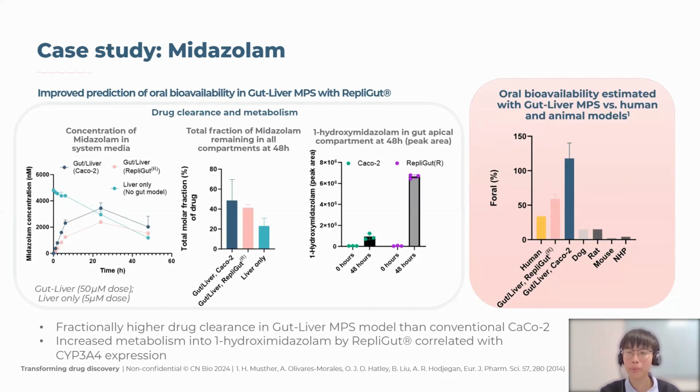When comparing with animal studies in published literature, the performance of the primary gut liver model is equivalent to the rat and the dog models. So overall, this proof of concept study has provided really promising results and suggested that a primary cell MPS model has huge potential in giving a more accurate estimation of human data.